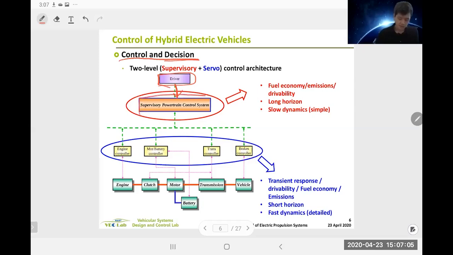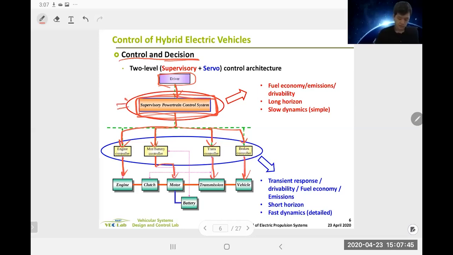The high-level decision maker, or high-level controller, will determine what to do from a high-level, system-level perspective, and commands each low-level controller, which takes care of its components: engine, motor, transmission, and the vehicle.